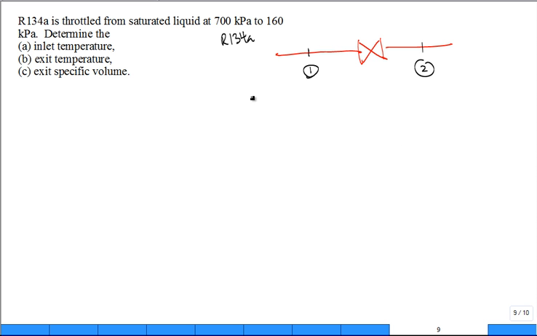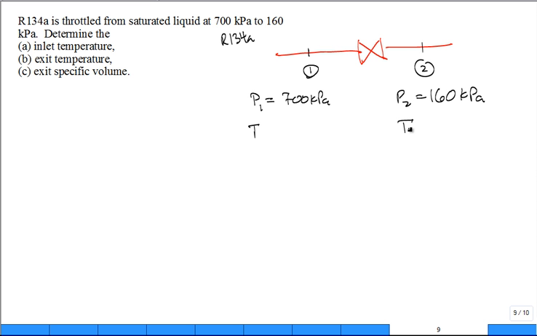Let's just sort of start listing. What is P1? Oh, it's 700 kilopascal. What is P2? It's 160 kilopascal. Let's take a look at temperature. Sometimes it's good to just list all your properties that you know from top to bottom.